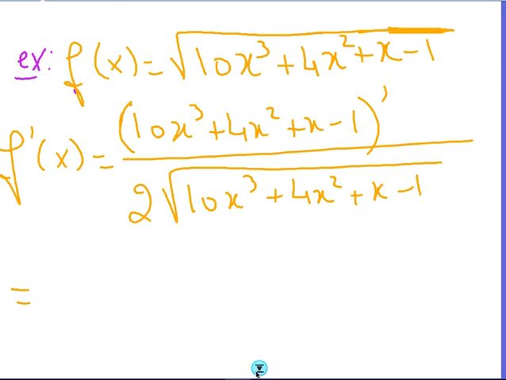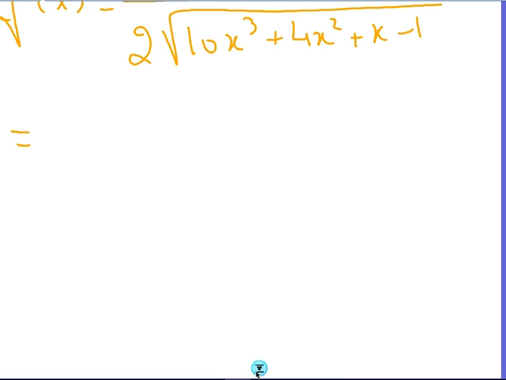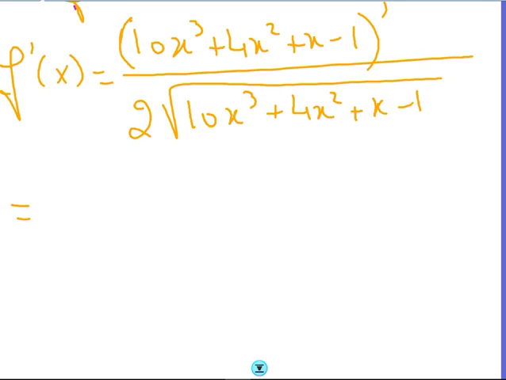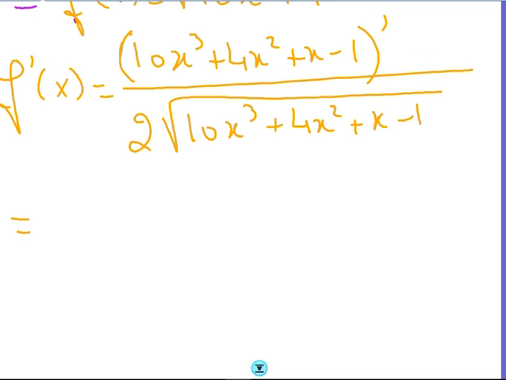So what is the derivative of 10x cubed? It is 10 times 3 times x to the power 2. I just bring down the exponent and then you subtract 1 from the exponent, it becomes x to the power 2.